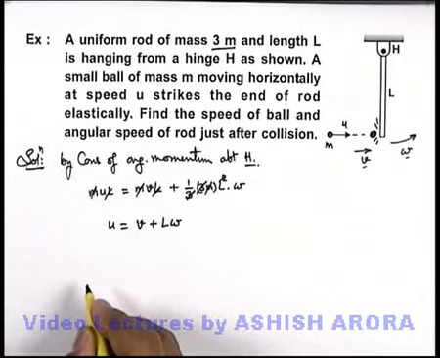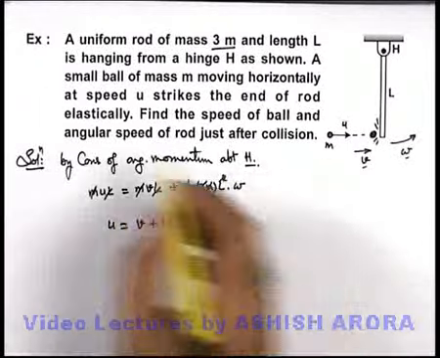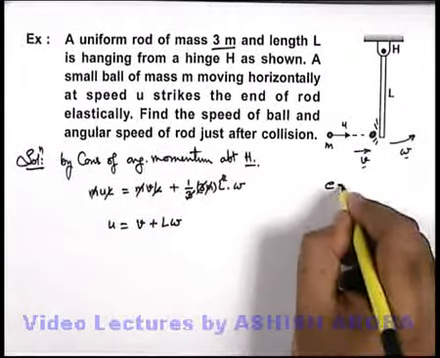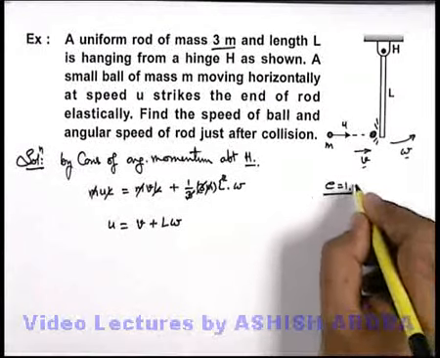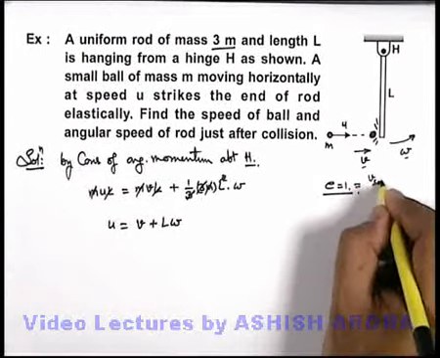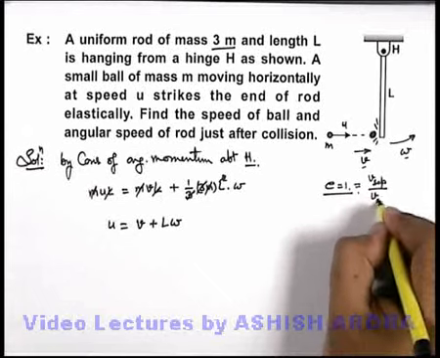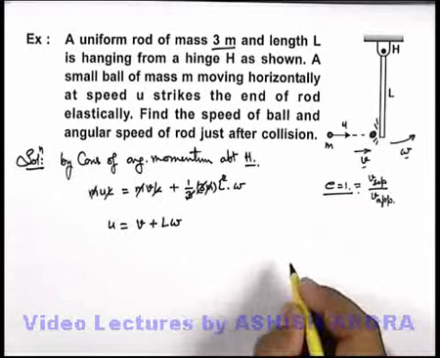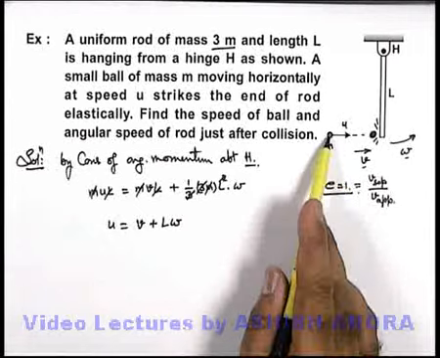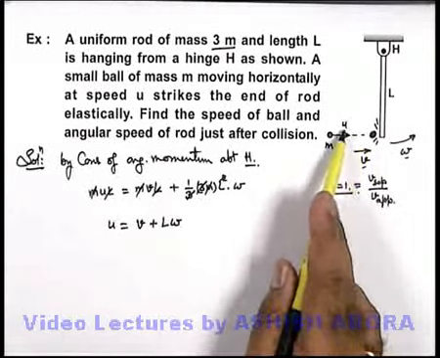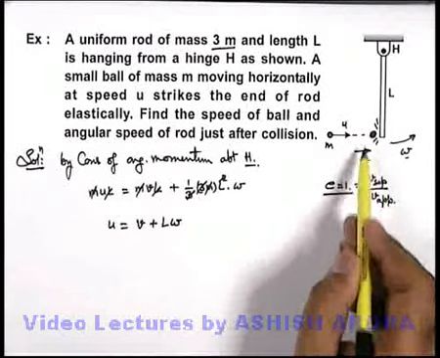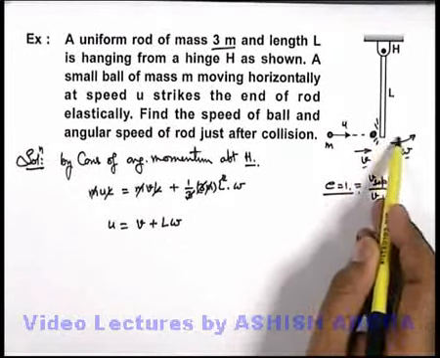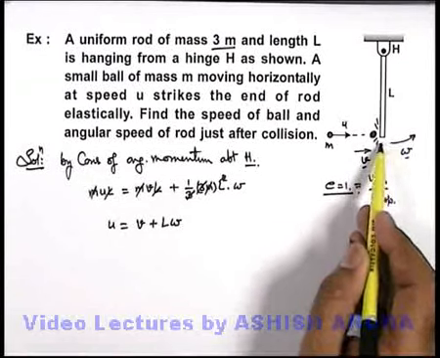Now if we use the concept of elastic collision, we know well that in an elastic collision e is equal to 1, where e is the coefficient of restitution, equal to separation speed upon approach speed. Here, the approach speed before collision of the two objects is u, and the separation speed after collision is, the ball was moving at v and the rod is moving forward at this point with L omega.